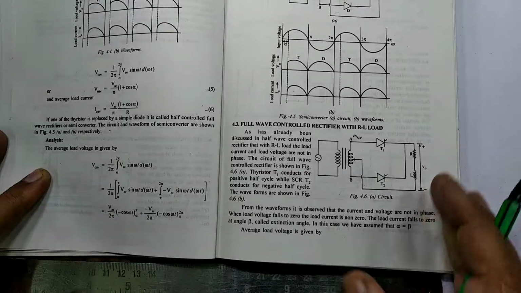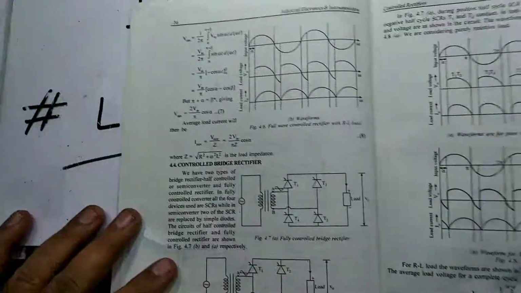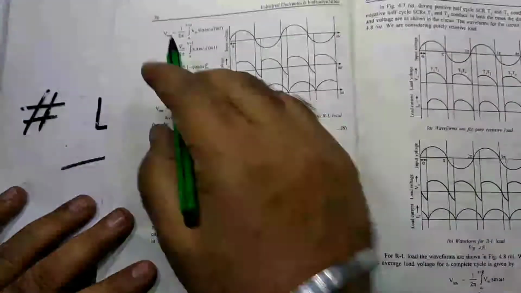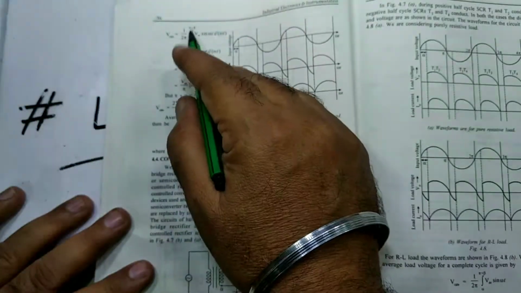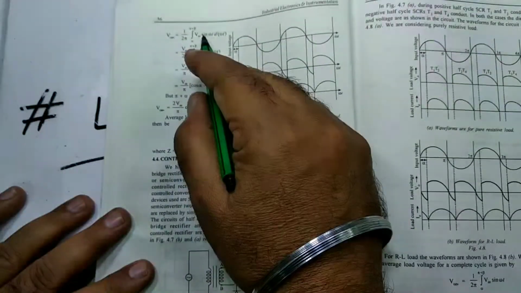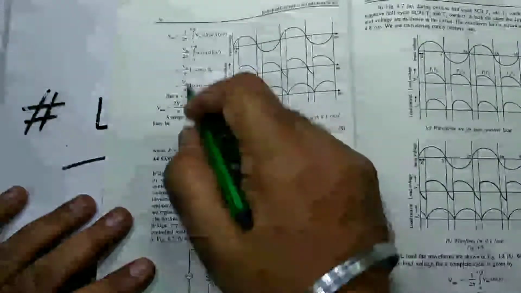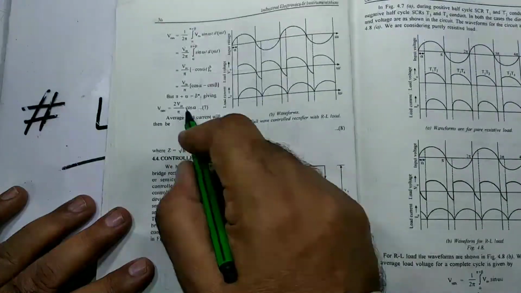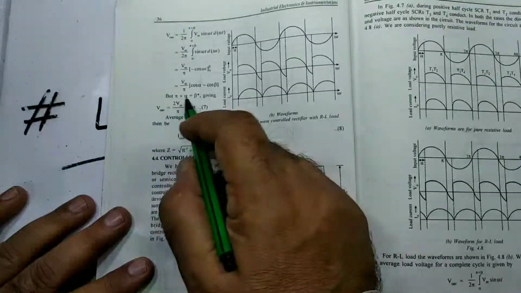So average load voltage is given by VOAV, output average load voltage, is equal to 1 upon 2 pi, integral from alpha to pi plus beta, Vm sin omega t d omega t. So that comes out to be VOAV is equal to 2 Vm upon pi cos alpha, where pi plus alpha is equal to beta.